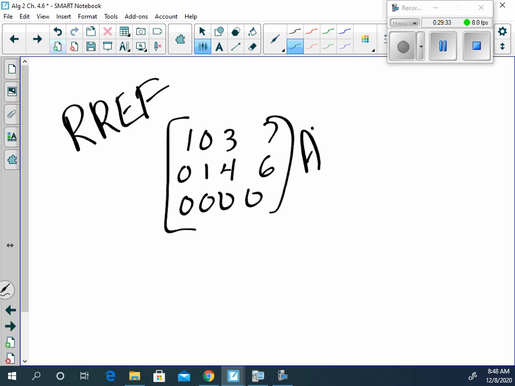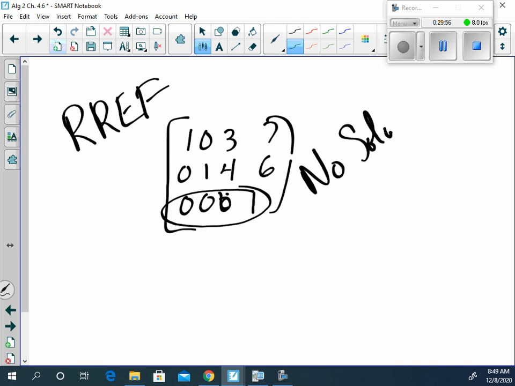This here was our all real solutions because we had a row of all zeros. Now we knew it was a no solution when I had this here, because essentially that was saying 0 is equal to 1, which doesn't work.